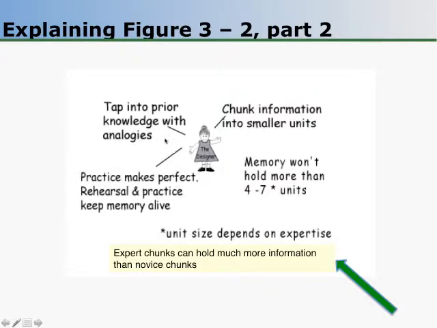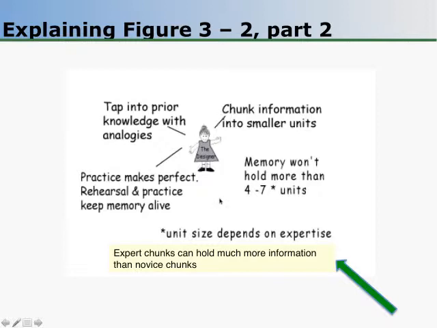One piece of advice is to tap into knowledge with analogies. An analogy will provide a schema or structure that will make it much easier for a learner to accommodate and assimilate new information. Practice makes perfect is the idea that if you give learners the chance to practice and think about and rehearse and elaborate, you're going to keep the memory alive longer.